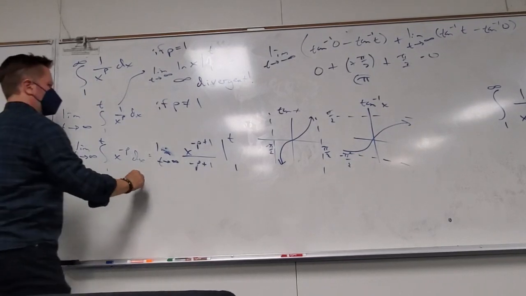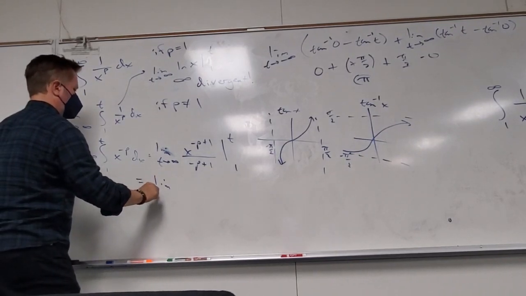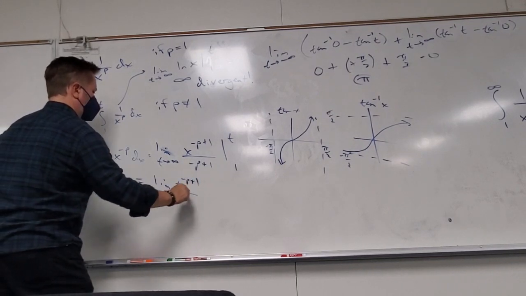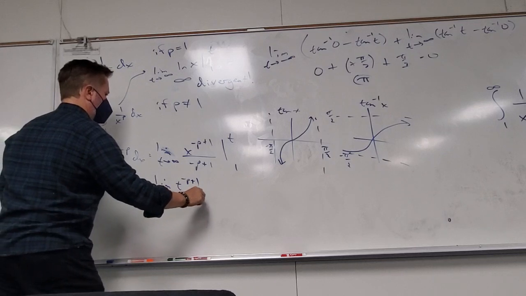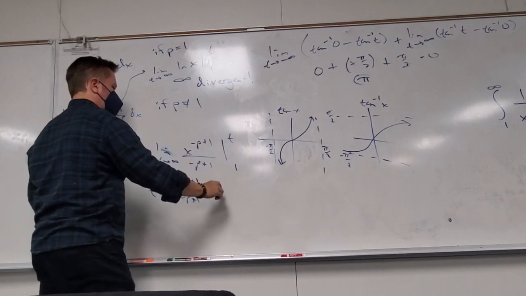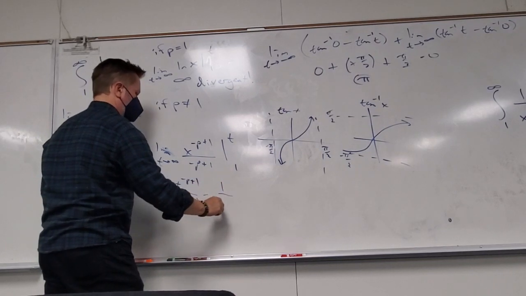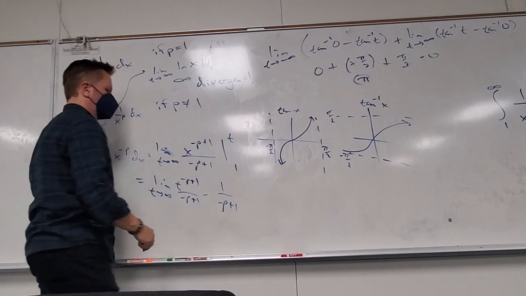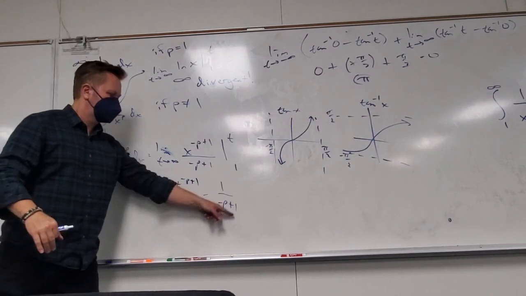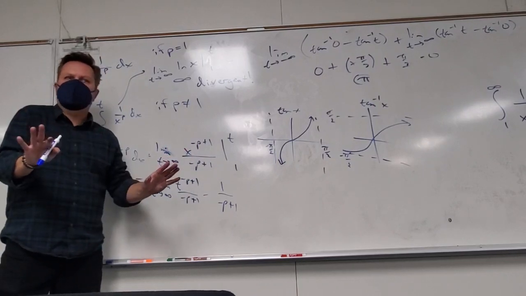So this becomes the limit as t goes to infinity of t to the negative p plus 1 over negative p plus 1, minus 1 to the negative p plus 1 over negative p plus 1, which is just 1 over negative p plus 1. Now listen, p is just some constant number, so this piece is just a finite number.